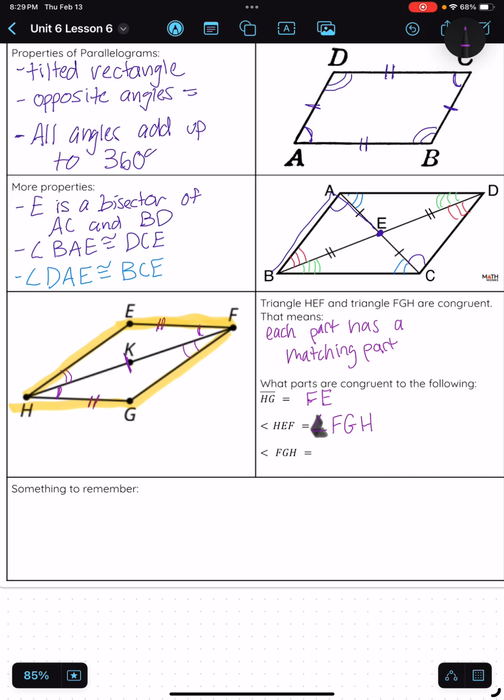Okay, so the last thing I want you to remember is each part has a matching part when we have congruent triangles, but there's a math way to say that. Another way of saying each part has a matching part is corresponding parts of congruent shapes are congruent.